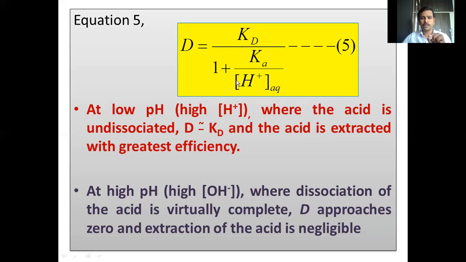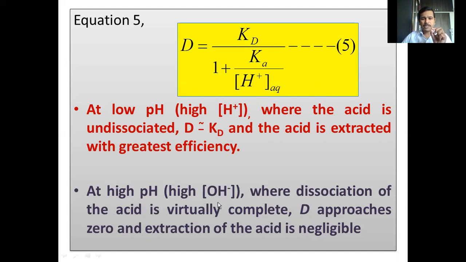Therefore, since the concentration of H plus ion is more, this term will become 0. So 1 plus 0, you will get 1. So D will be equal to Kd, exactly Kd. So the extraction efficiency for the carboxylic acid is very high when you use a higher concentration of acid in the aqueous layer. Therefore, pH is a deciding factor.